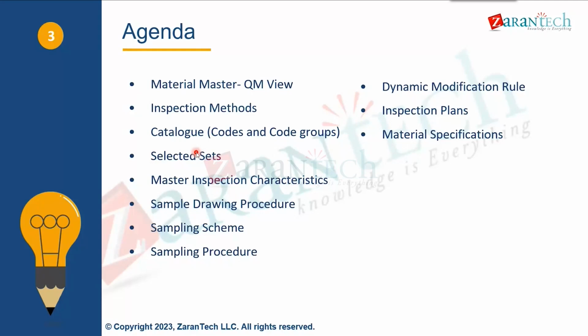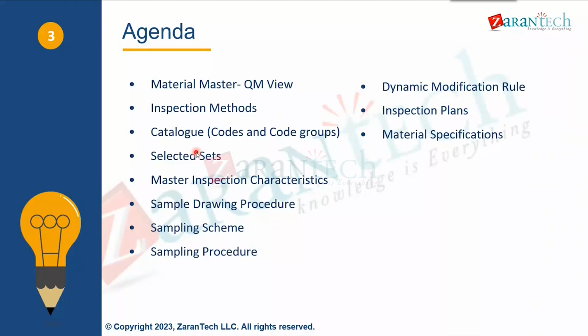One more important thing: there is no valuation in the code groups, but we have to maintain the valuation at the selected set level. So that is the main difference. The valuation criteria during results recording, whether it is accepted or rejected, based on the selection of your codes, that information we provide in the selected sets.